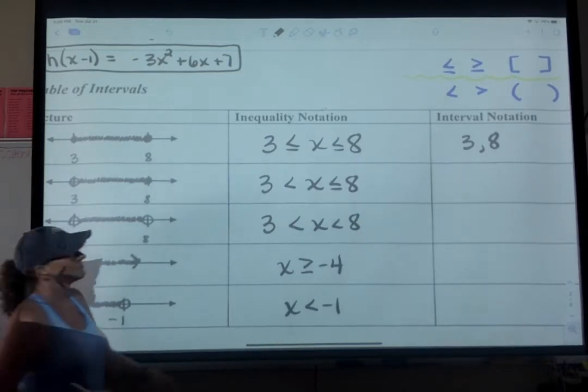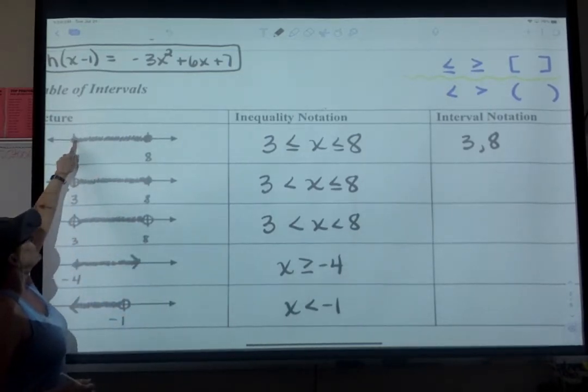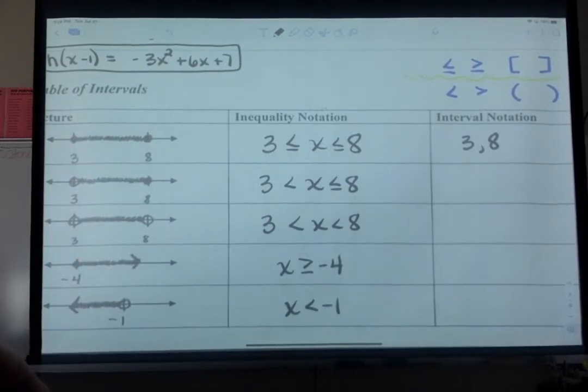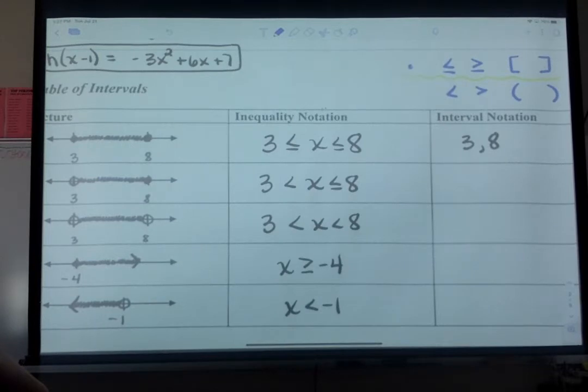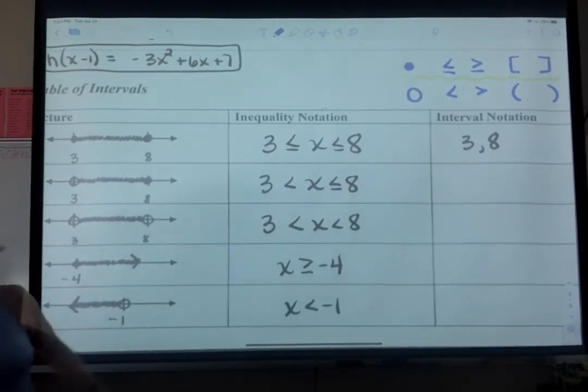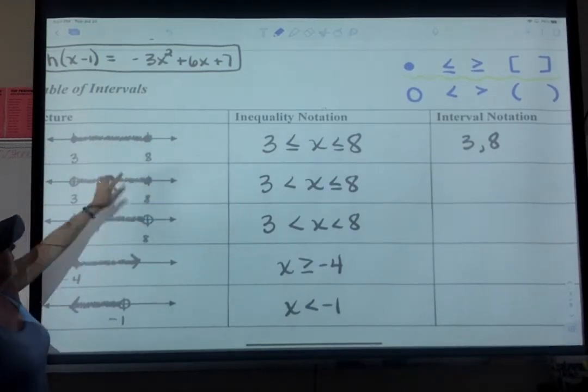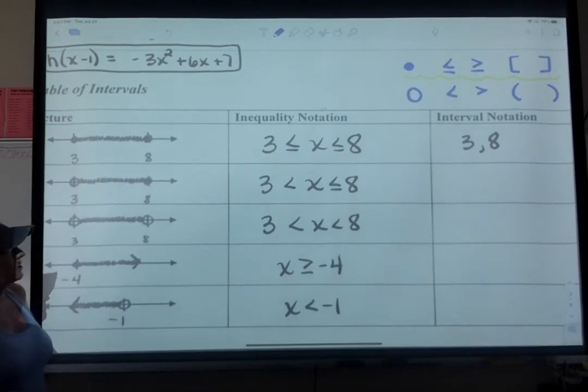Now, the 3's filled in, so let me add that up here. There we go. So if it's a filled in point, you're going to use a bracket. If it's an open point, you're going to use parentheses.